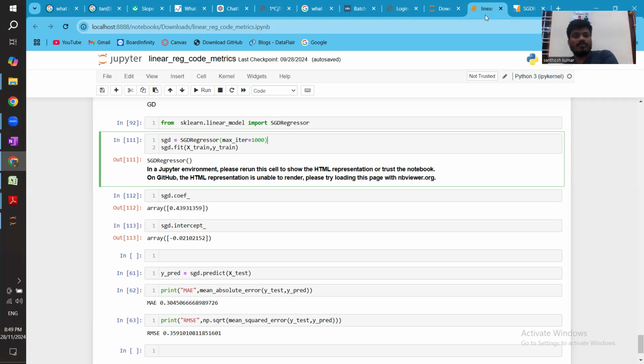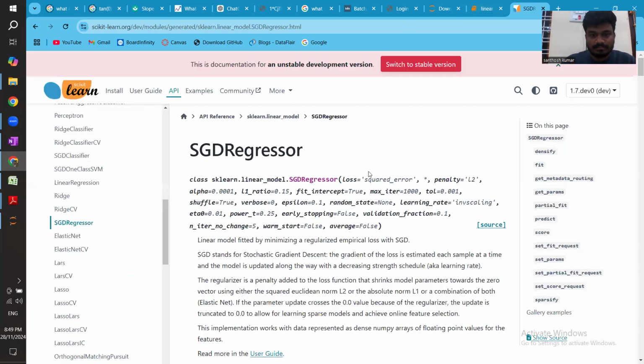But for mini batches, if you divide the data and pass it, that will become mini batch.